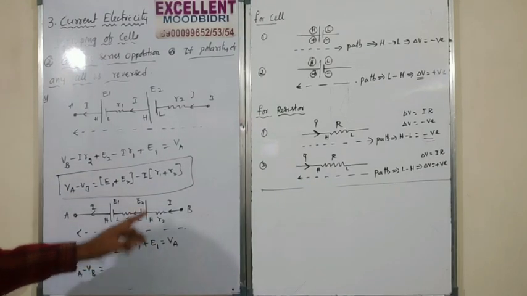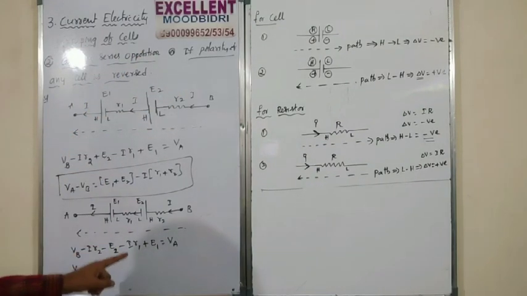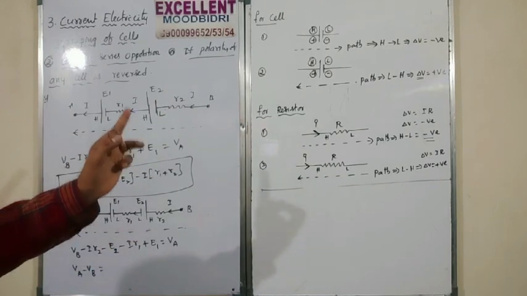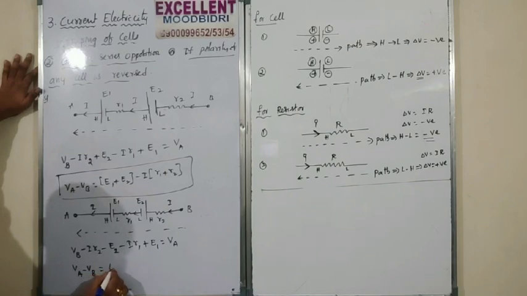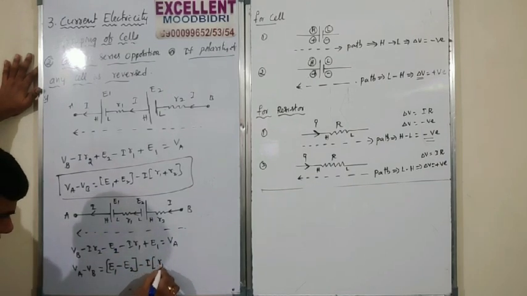Higher to lower is the negative. Which one? E2. Next, lower to higher is the positive, so E1 is positive. So E1 minus E2. Same formula: minus I take common, therefore R1 plus R2.